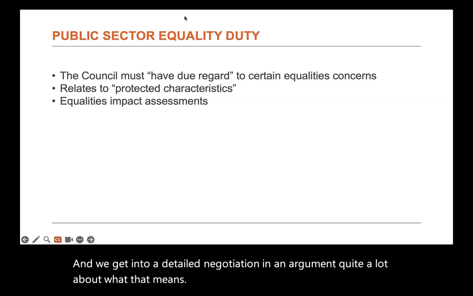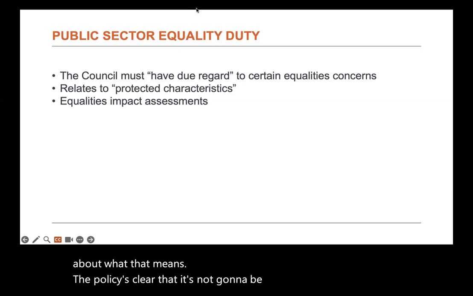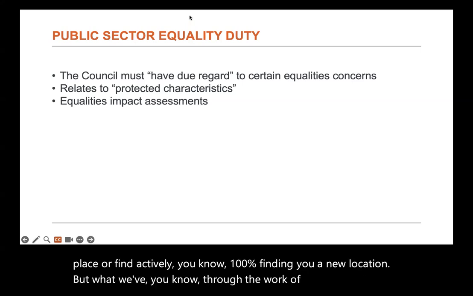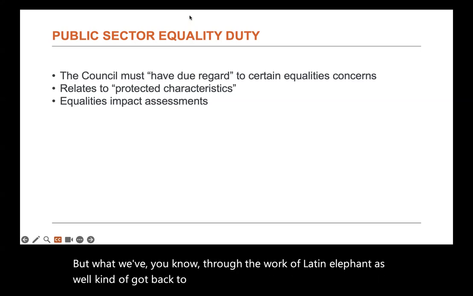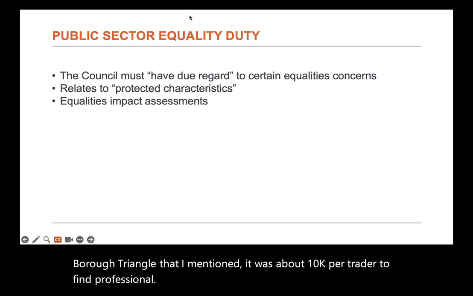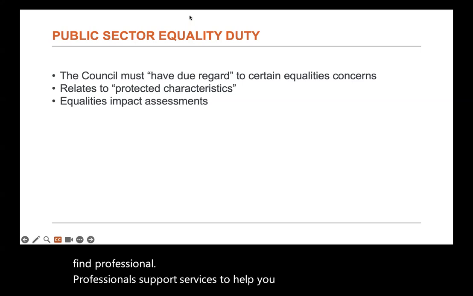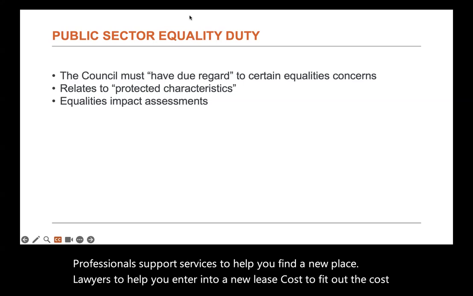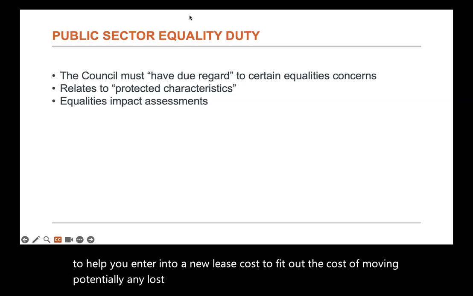The policy is clear that it's not going to be covering rent in a new place or actively, 100% finding you a new location. But through the work of Latin Elephant as well, what we've got that to mean is, in the case of the Borough Triangle that I mentioned, about 10K per trader to find professional support services to help you find a new place, lawyers to help you enter into a new lease, the cost of fit out, the cost of moving, potentially any lost costs during that process.